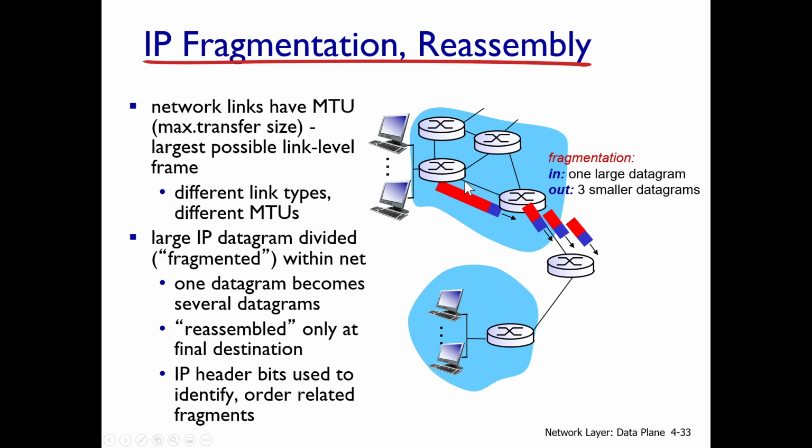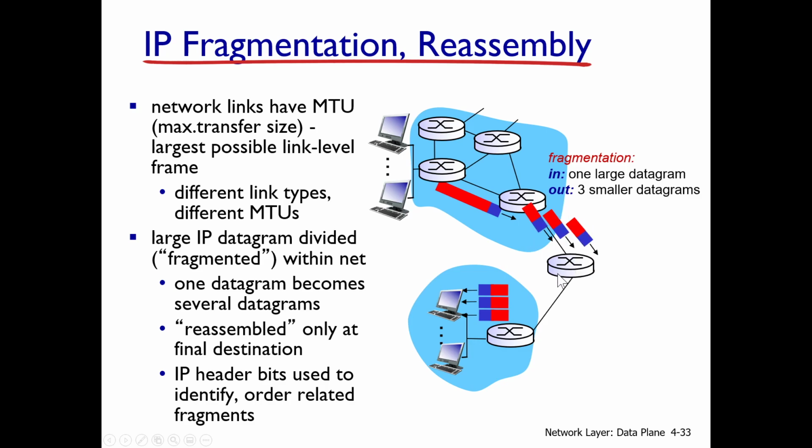Let's assume that you are using a different system, a different cable. So you transmit this large packet here, but this router is connected with Ethernet, so it cannot transfer this one large datagram. It has to divide this packet into 3 smaller datagrams and transmit each of them like this.